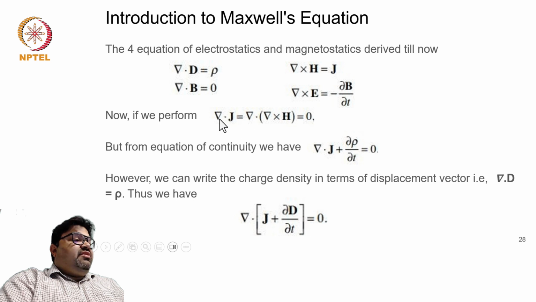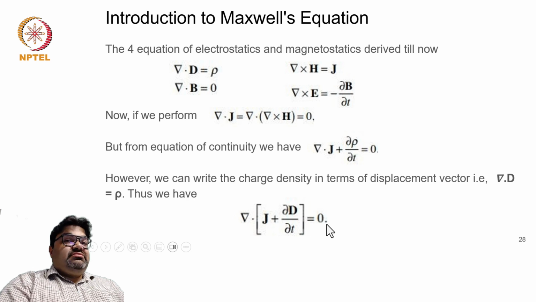So, if you take the divergence, del dot J is equal to 0, and from there, the continuity equation also gives you del dot J plus del rho del t is equal to 0. Now, if you club both of them, you can definitely write del dot J plus del D del t is equal to 0.